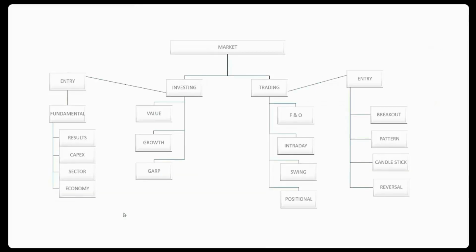So this is basic actually, where in trading we do all kinds of intraday, swing and position trading. But in trading we do entry. There are different ways of trading. Somebody does breakout trading. When the market is at an all-time high or on the bullish side, you get so many trades based on breakout trading.